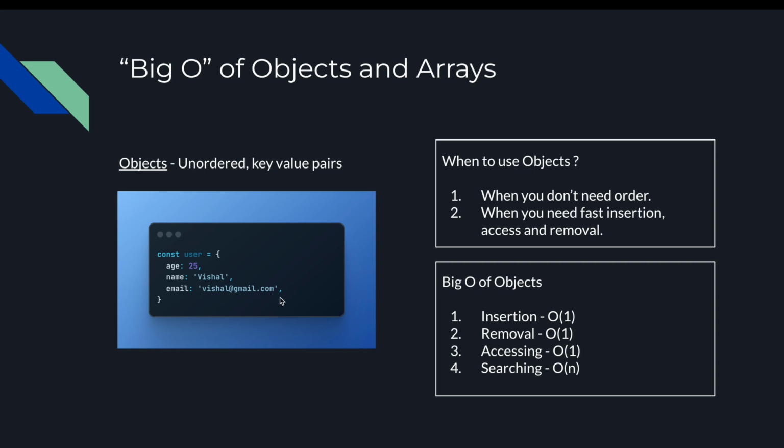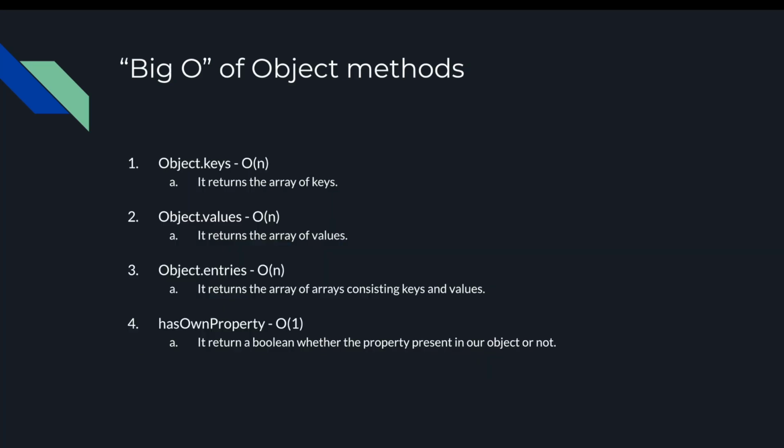Now let's check big O of some of the built-in methods of objects. We have object.keys that always returns the array of keys. It has big O of n. Why? Because it generates an array of keys, right? Which can be n number of length. Next one is object.values that also has big O of n.